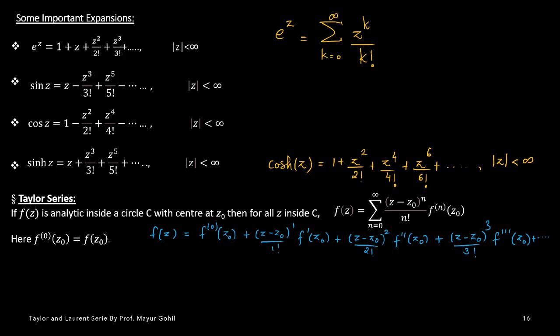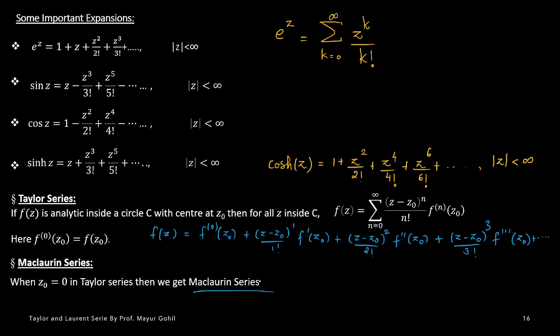Now in this formula, there is one easy case sitting down. If you put z0 equals 0, then the Taylor series becomes a Maclaurin series. That's the only new thing in the Maclaurin series, otherwise not a big difference. So you can remember the Taylor series formula.